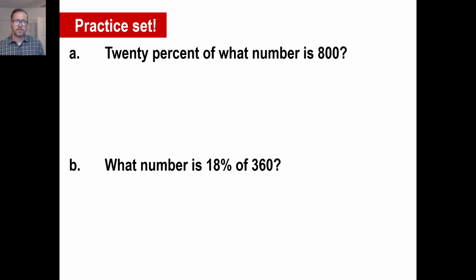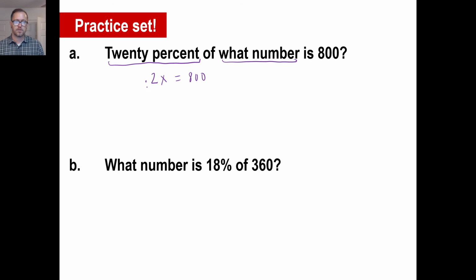Okay, well, let's take a look at this one. And you know what? Choose a method. It doesn't matter. Okay, we'll do the algebra method this way. So 20%, I'll just do a decimal this time. 0.2, what the heck? Of means multiply. What number is x? So I'll just put 0.2 times x. Is equals 800.